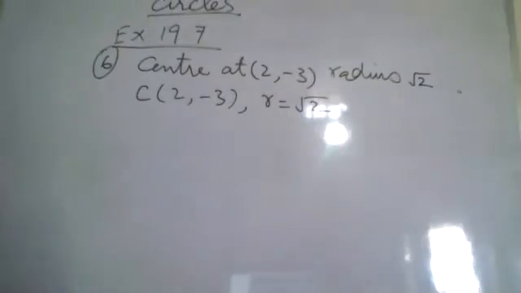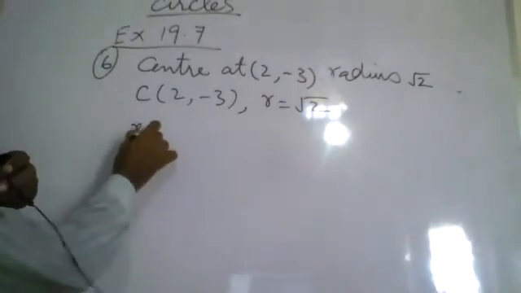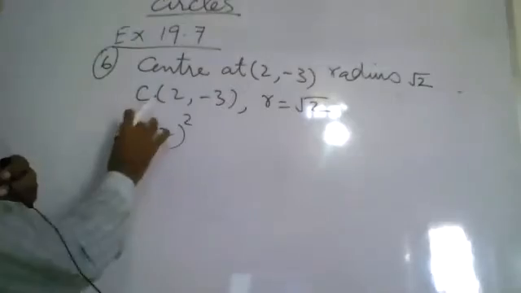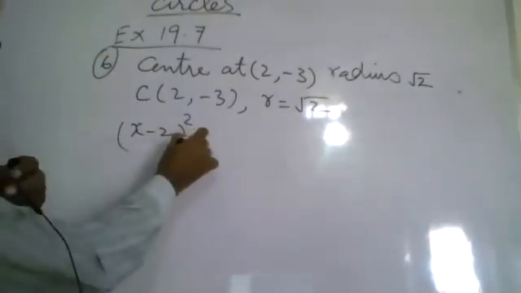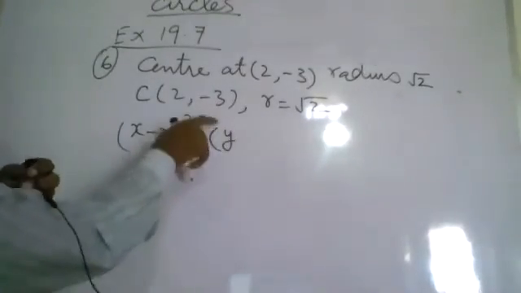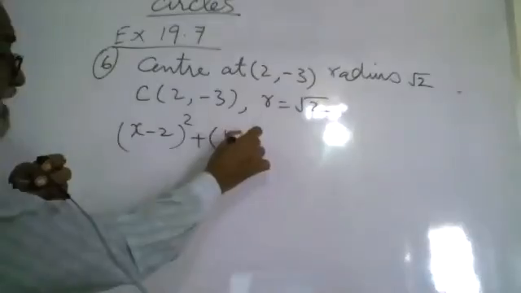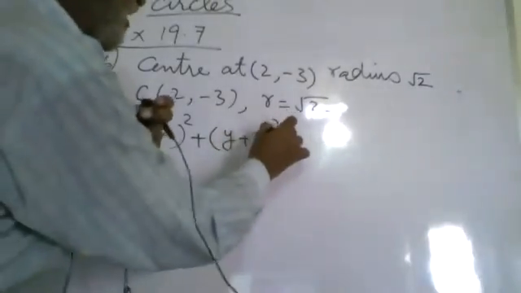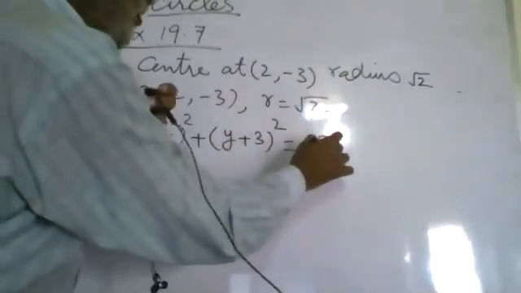We will use the distance formula to find the equation: x minus 2 whole square plus y minus minus 3, it will become y plus 3 whole square equal to under root 2 whole square.